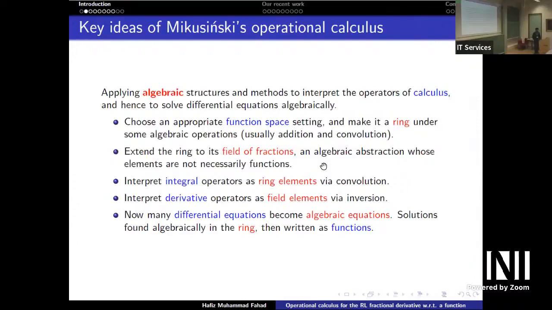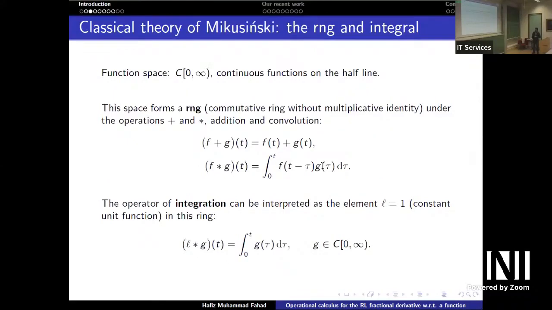And finally, step number 5, we are now all set to transform differential equations into algebraic equations, and after some algebraic manipulations, we can easily recover the required solution. So let's have a look at these steps one by one.